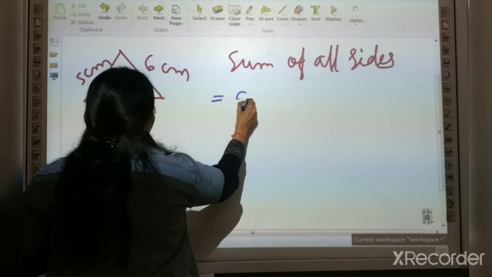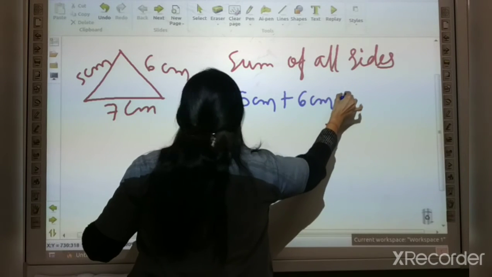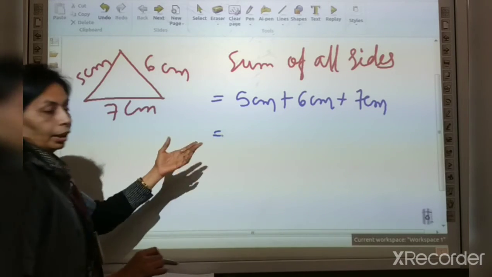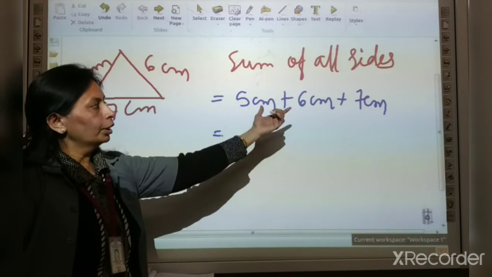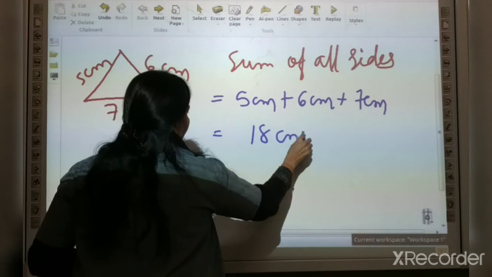So here you use 5 centimeter, 6 centimeter, and 7 centimeter. Now adding, 5 plus 6, 11, 11 plus 7, 18. Answer is 18 centimeters.